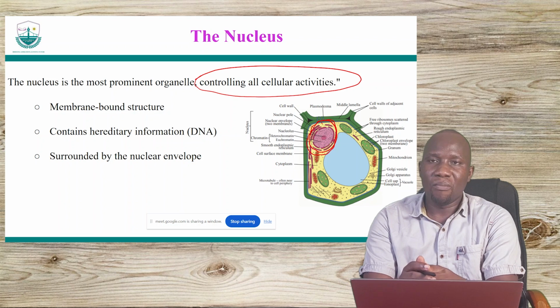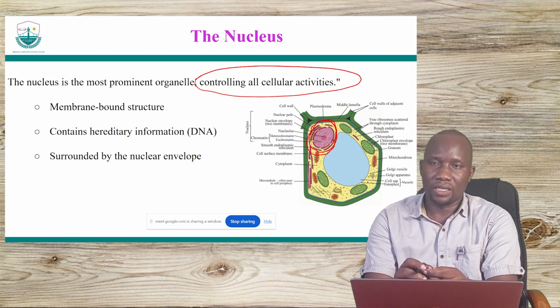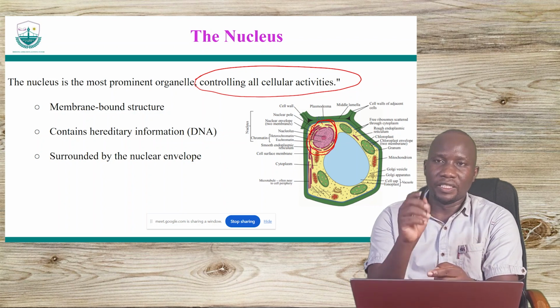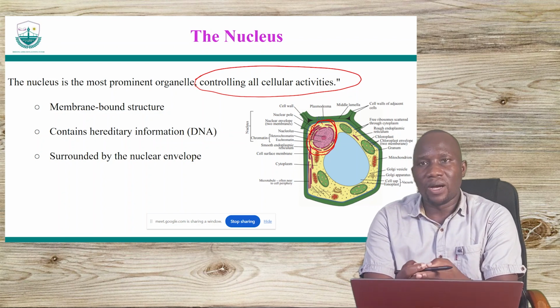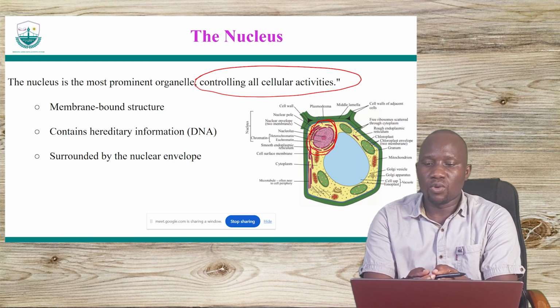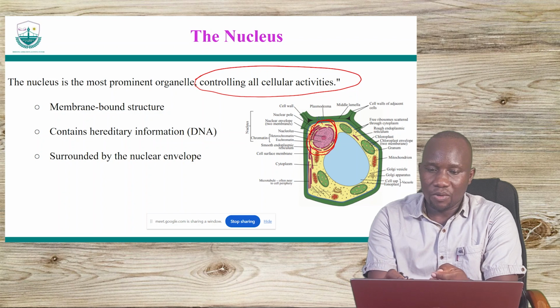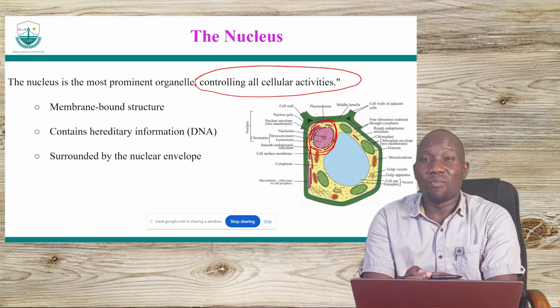It is a membrane-bound organelle in eukaryotic cells. Okay, there is a membrane around it, and that membrane is what we term as the nuclear envelope. The nuclear envelope, you can see here, is around the nucleus. They have holes in between there, what we call the nuclear pores.